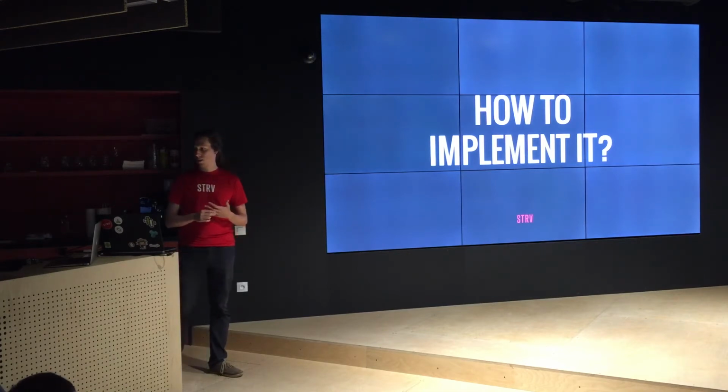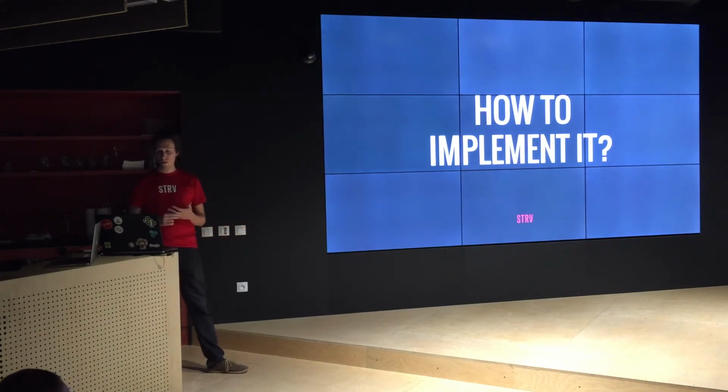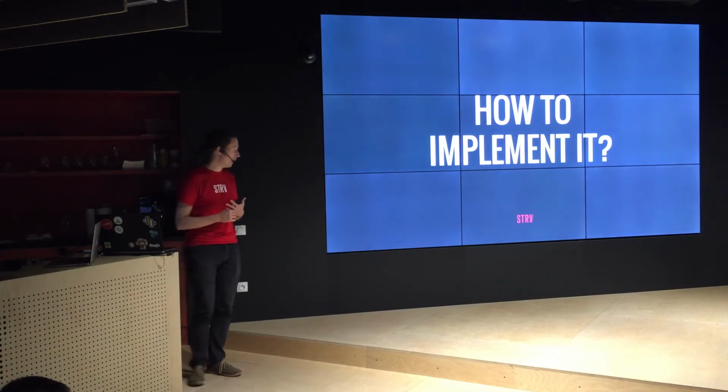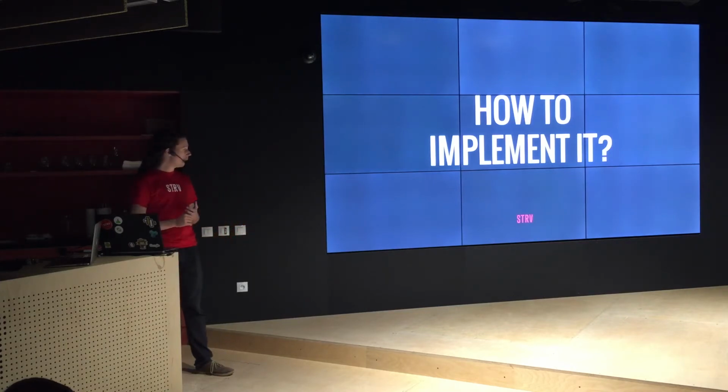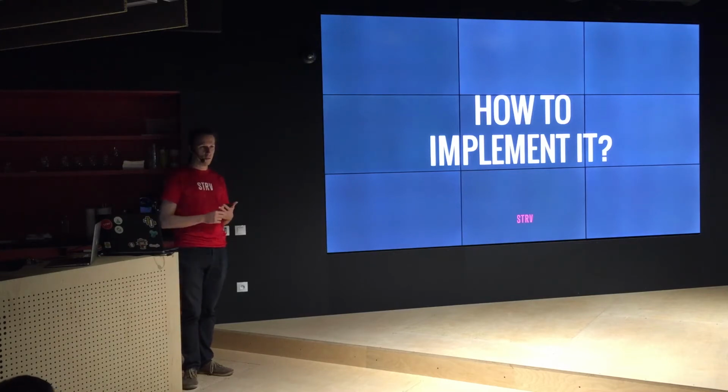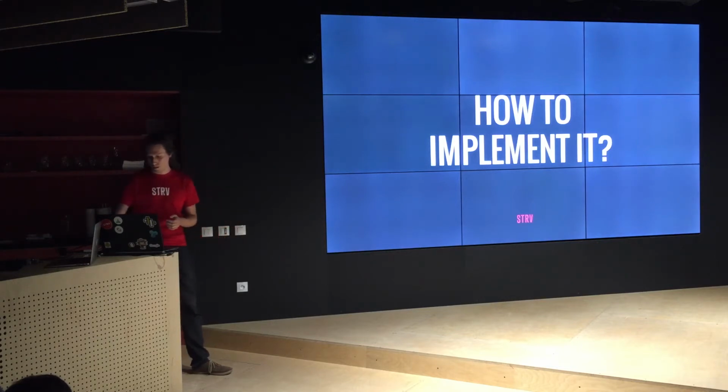So there are some problems, and we have to solve them, and different people solve those problems differently. I will talk about it later. I realized that there is no golden rule for how to implement it on Android. Everybody does it differently, and even in STRV we use 2 different approaches. So in my presentation I will talk about my personal approach, how I prefer to implement it on Android.